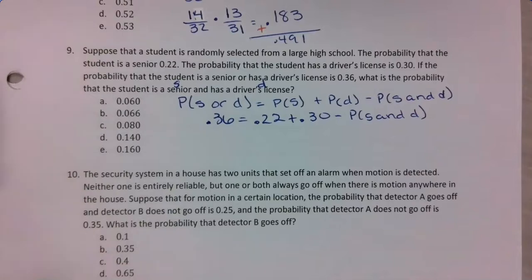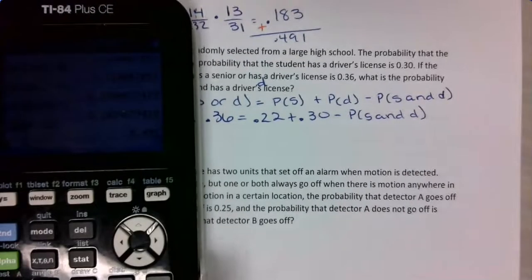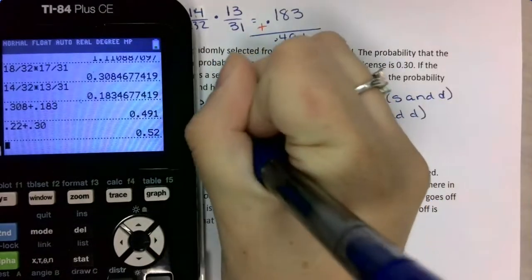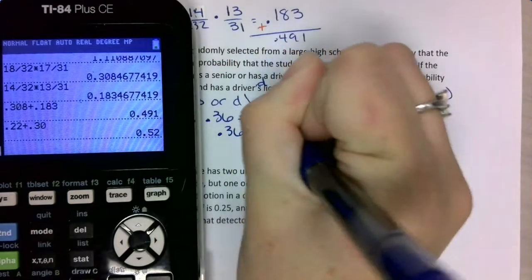So then I solve this just like a normal algebra equation. I want to combine those 2 probabilities on the right side. 0.22 plus 0.30 is, I could have done that in my head, 0.52.